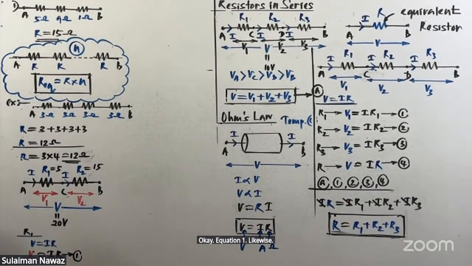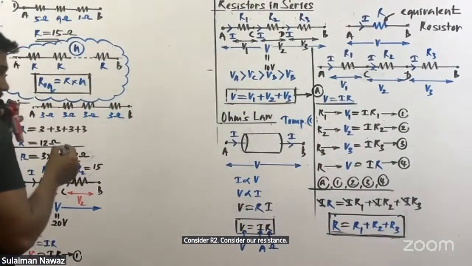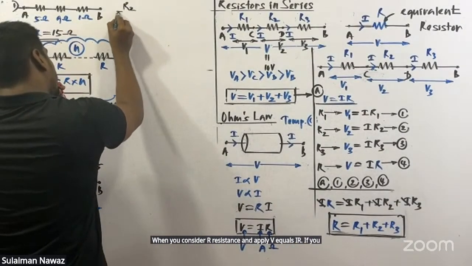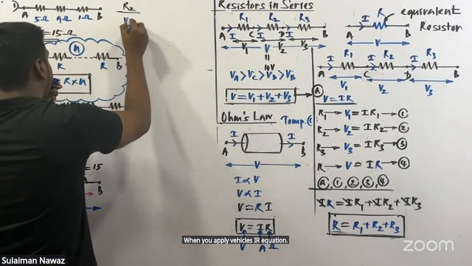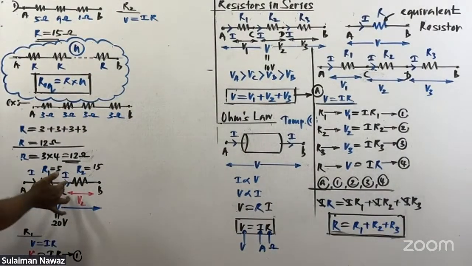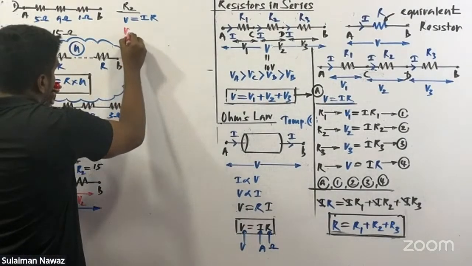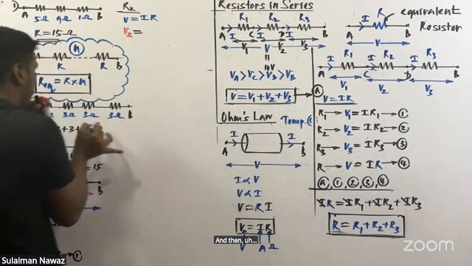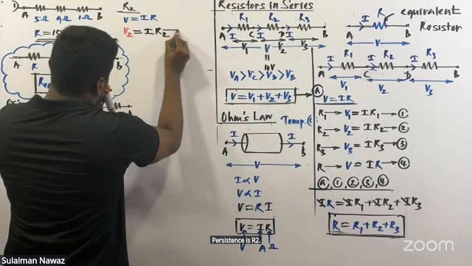Likewise, consider R2 and apply V equals IR. The voltage difference across R2 is V2, the current passing through R2 is I, and the resistance is R2. Equation 2.